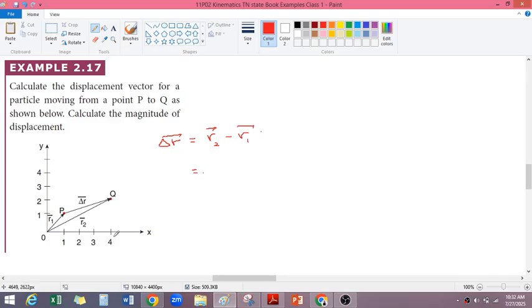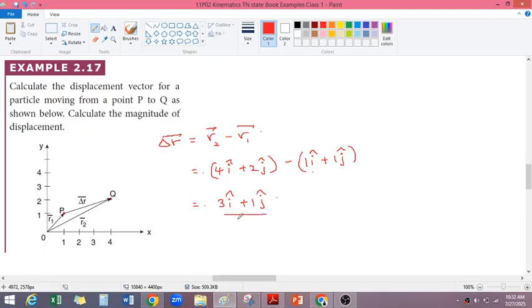This position, 4I plus 2J, minus R1. R1 is 1 comma 1, so 1I plus 1J. 4 minus 1 is 3. 2 minus 1 is 1.